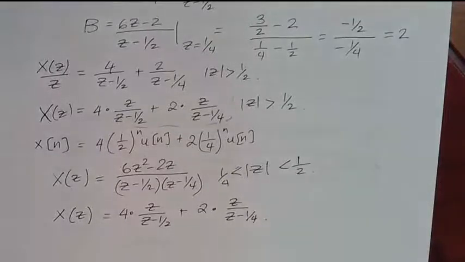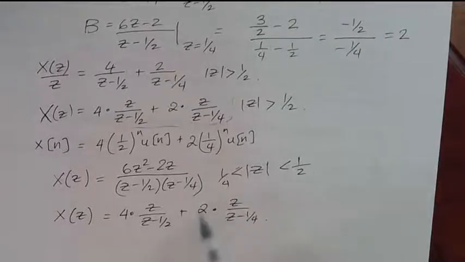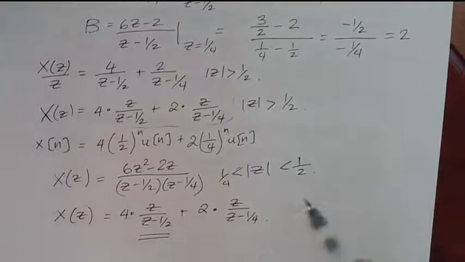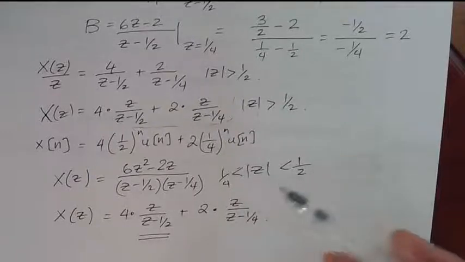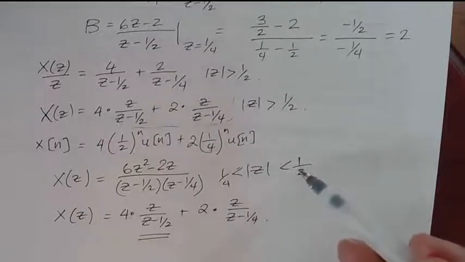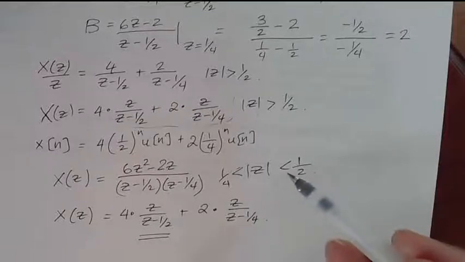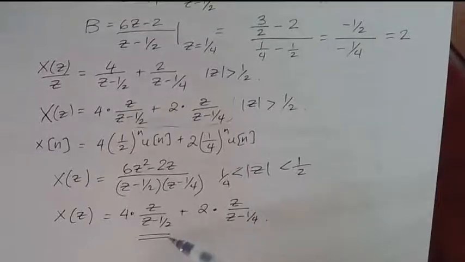Right? So let's take a look at each of these individual terms and expand them according to the region of convergence. In this case, the first term has a region of convergence that is inside of a circle. Because it is inside of a circle, this will be a left-sided sequence.